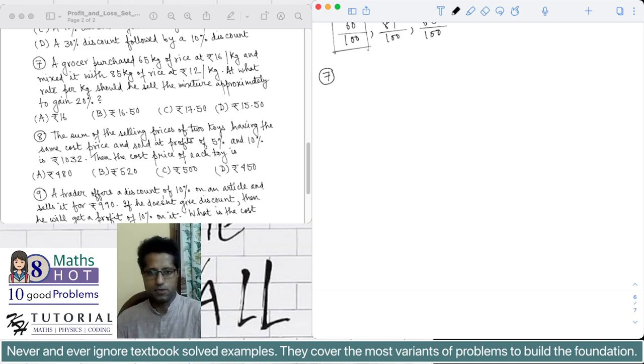At what rate per kg should he sell the mixture approximately to gain 20%?